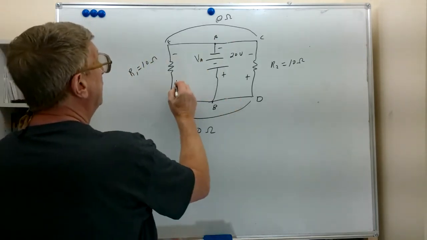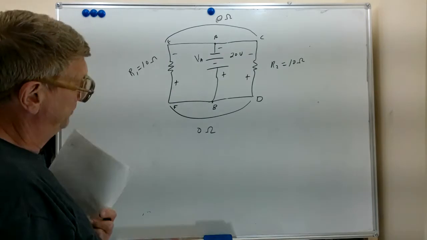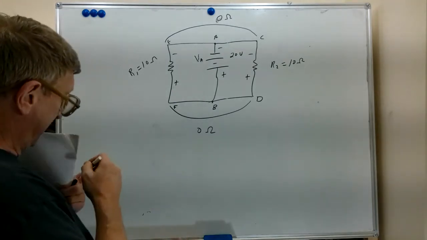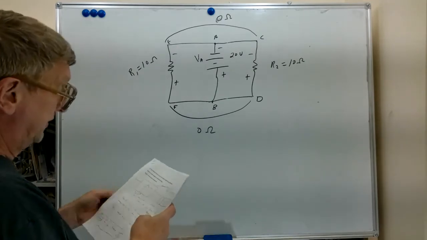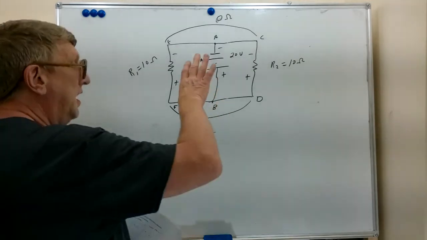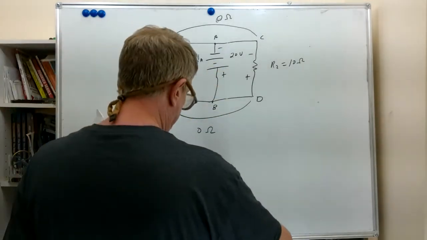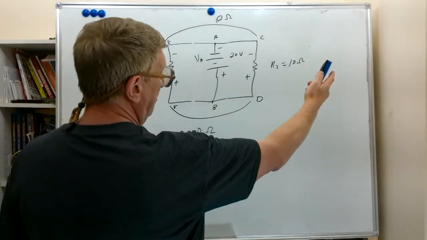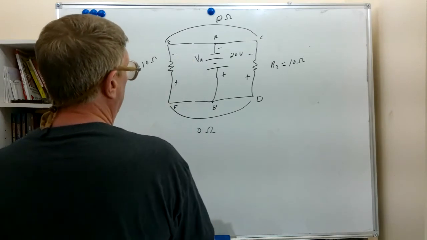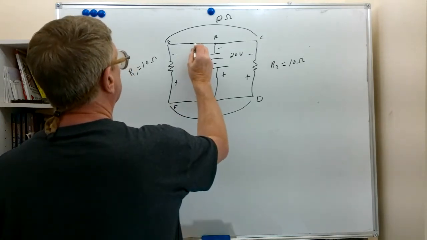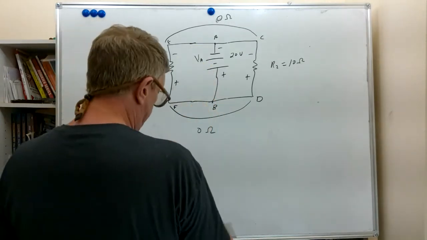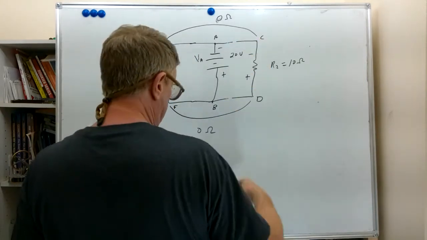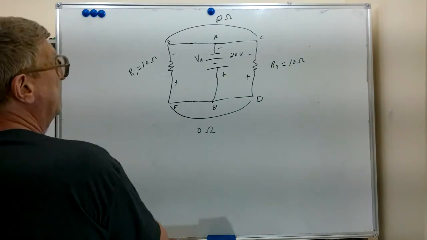So the battery voltage will appear directly across R1 with the same polarity as the battery, just the same as the battery voltage appeared across R2. And if we were to break the circuit, it doesn't change anything over there if we disconnect R1. And if we disconnect R2 the same way, it doesn't change anything over here related to R1.